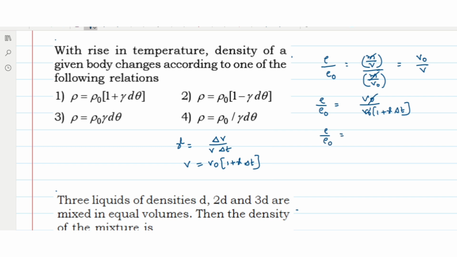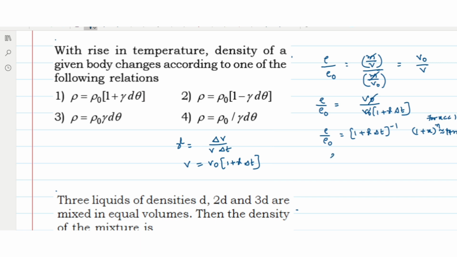Rho by rho naught will be equal to (1 plus gamma into delta T) whole power minus 1. So it is in the form of a binomial expansion. So (1 plus x) whole power n is approximately 1 plus nx, for x much less than 1. This is called a binomial expansion.